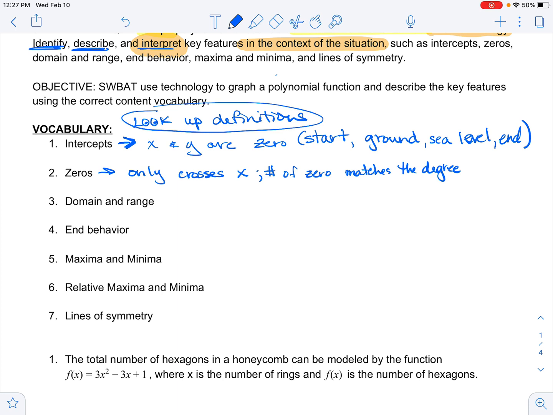So if the highest number of the exponent is 3, I would know that there needs to be 3 zeros.